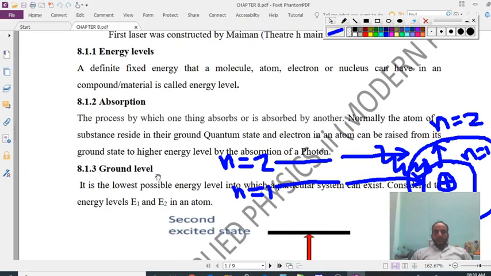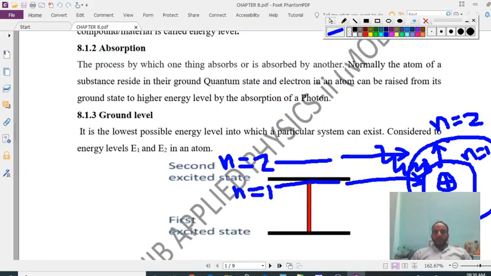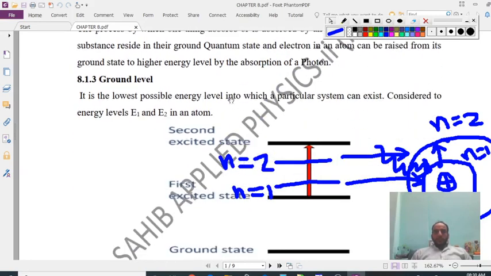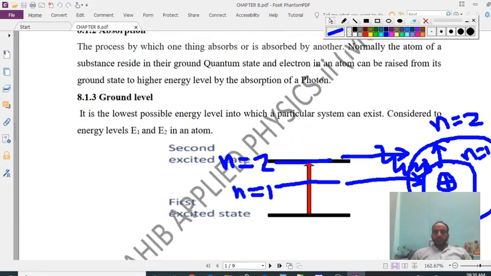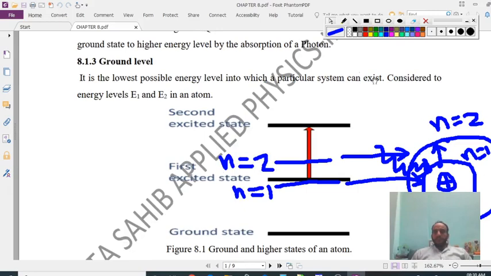Next is ground level. Ground level is the lowest possible energy level in which a particular system can exist. Consider energy levels E1 and E2 in an atom. Now n is equal to 1 corresponds to the E1 energy level, and n is equal to 2 corresponds to the E2 energy level.